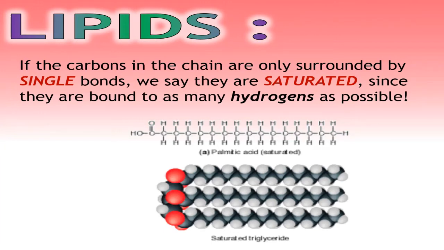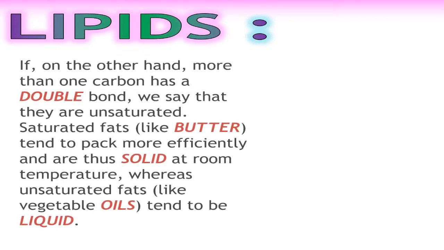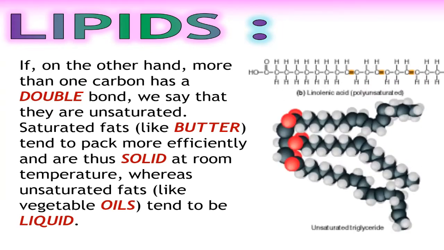But if we replace some of the single bonds with double bonds, then the chains won't stay straight. They won't stay straight because the double bonds will pull harder than the single bonds. And so the chains, instead of staying straight, will spread out, become a little tangled. And this makes all the difference in our diet. Saturated fats like butter will tend to pack more efficiently.